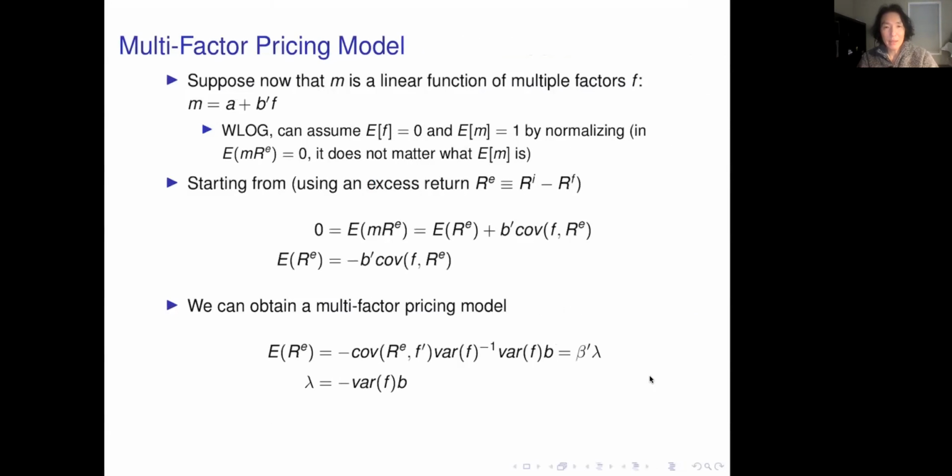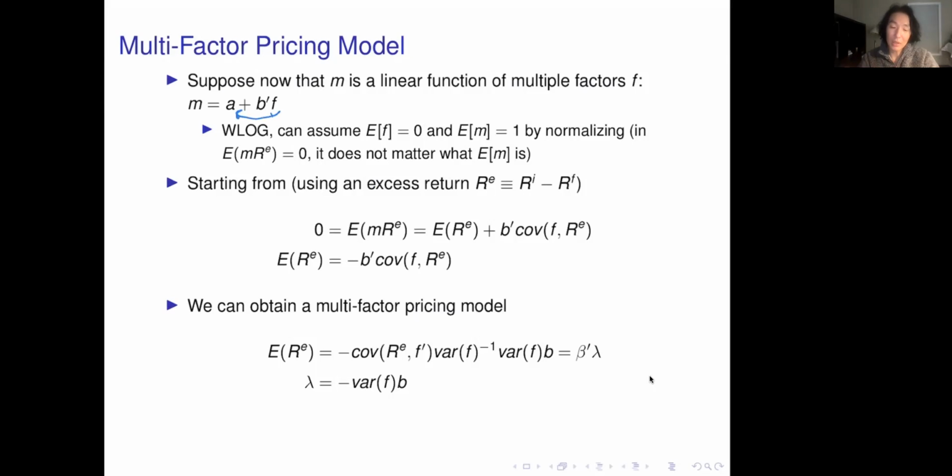Now, suppose that m can be expressed as a linear function of the factors. And for simplicity, we will assume that the factors are mean 0 and the average of the stochastic discount factor is just 1. You can always normalize it like this by demeaning the factors and putting the average term into a.